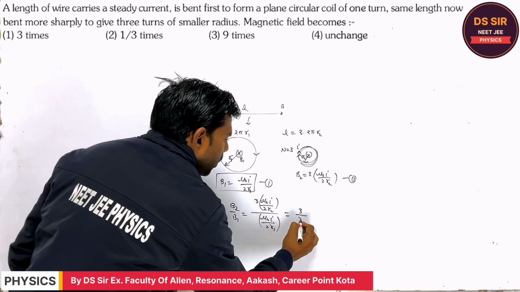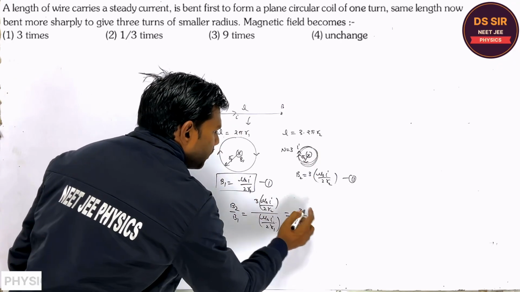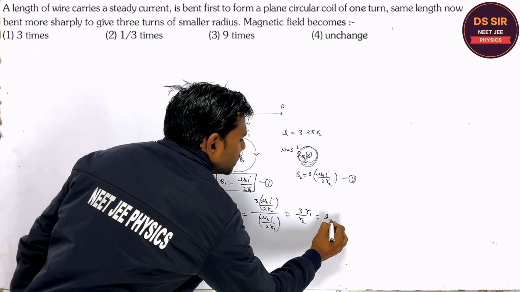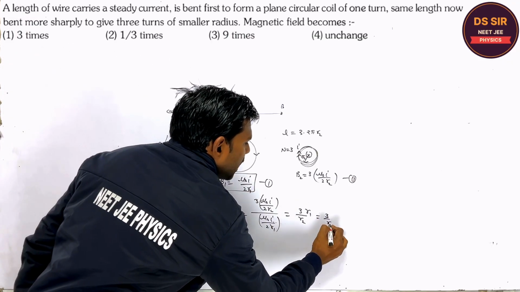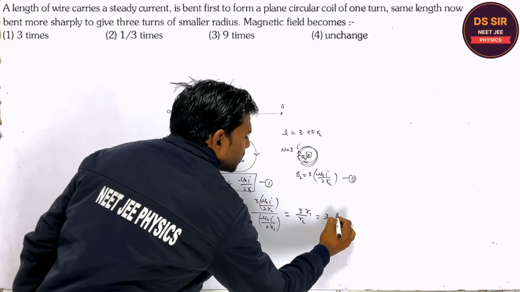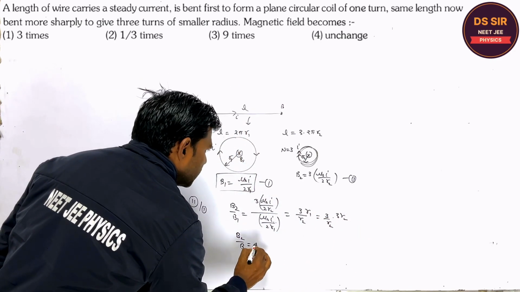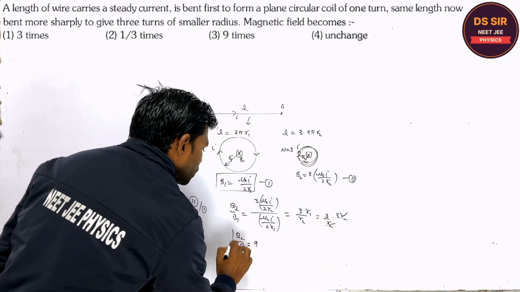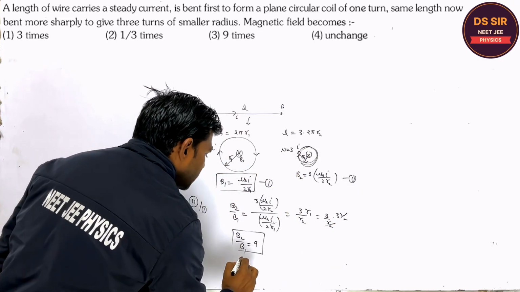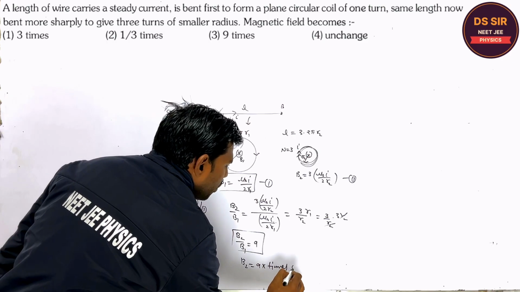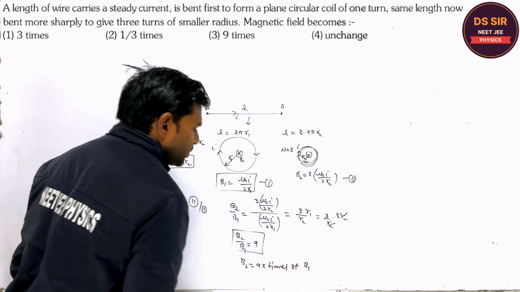It is 3 upon R2 and 1 upon R1. What is the relation? R1 is nothing but 3R2. So B2 upon B1 is nothing but 9. So the magnetic field this time becomes 9 times of B1, right?